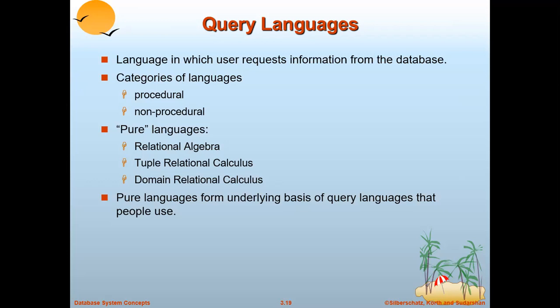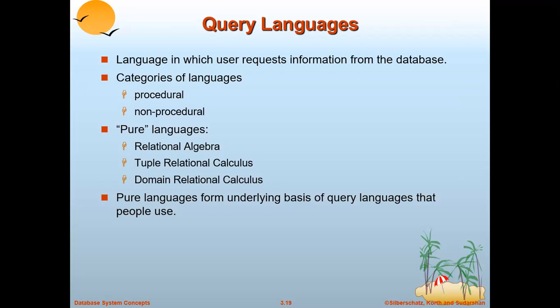So this is the difference between these two. Non-procedural language belongs to the functional part, and procedural is simple. Procedural language tells you what to do and how to do it, but non-procedural language will tell you only what to do. It will not specify how to do it.